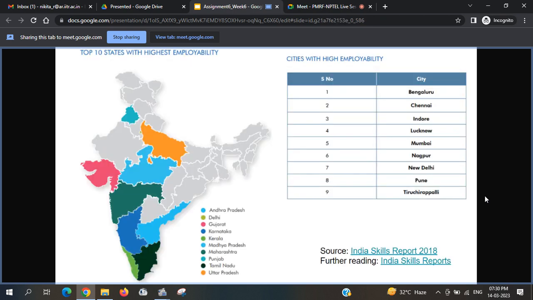So this is the graphic from the India Skills Report. You can see from the graphic that cities with highest employability include Bengaluru, Chennai, Indore, Lucknow, Mumbai, Nagpur, New Delhi, Pune and Trichy.